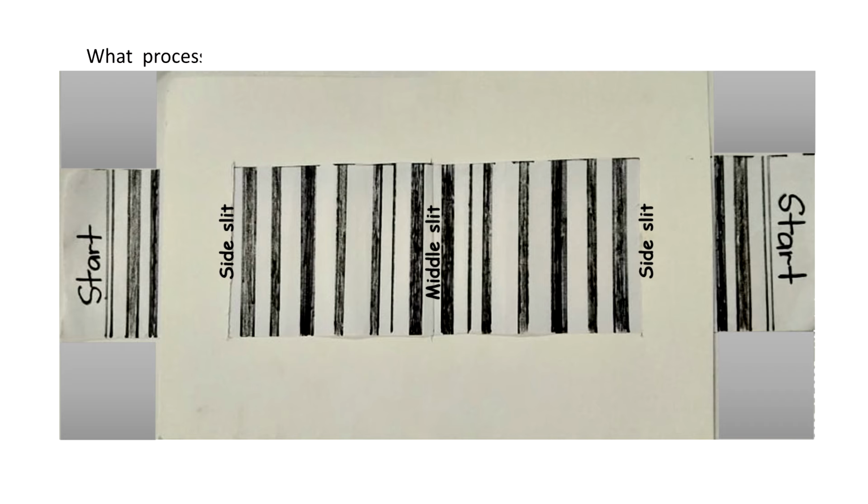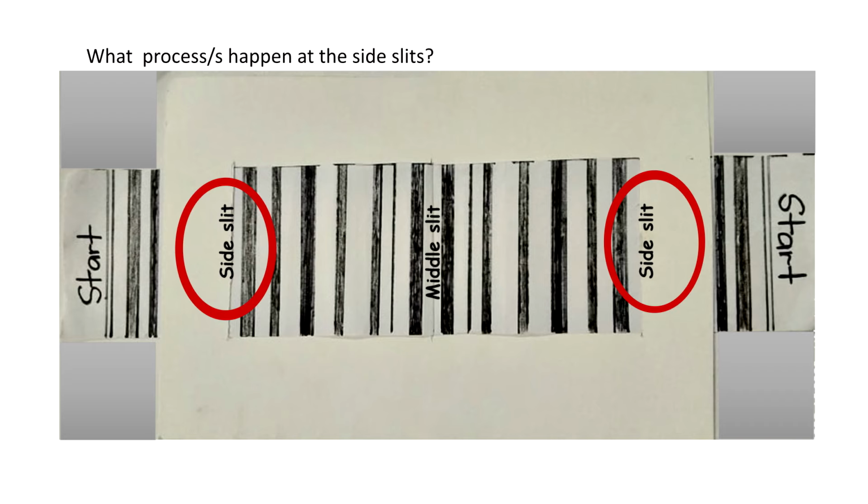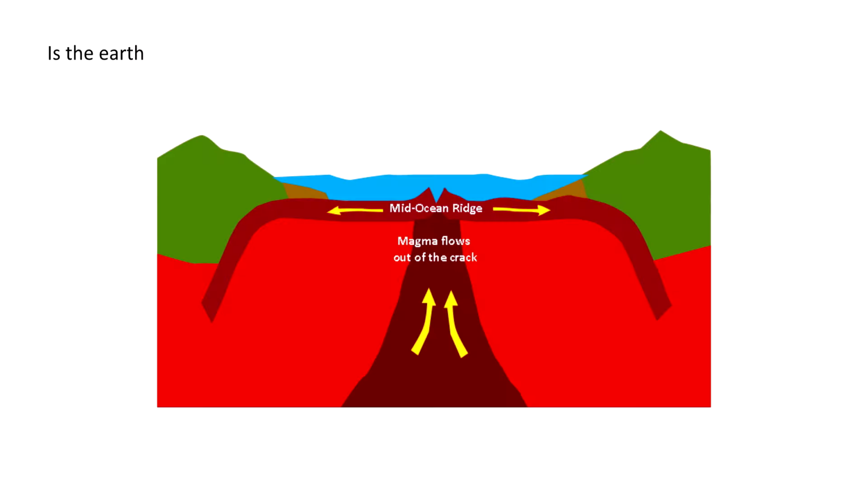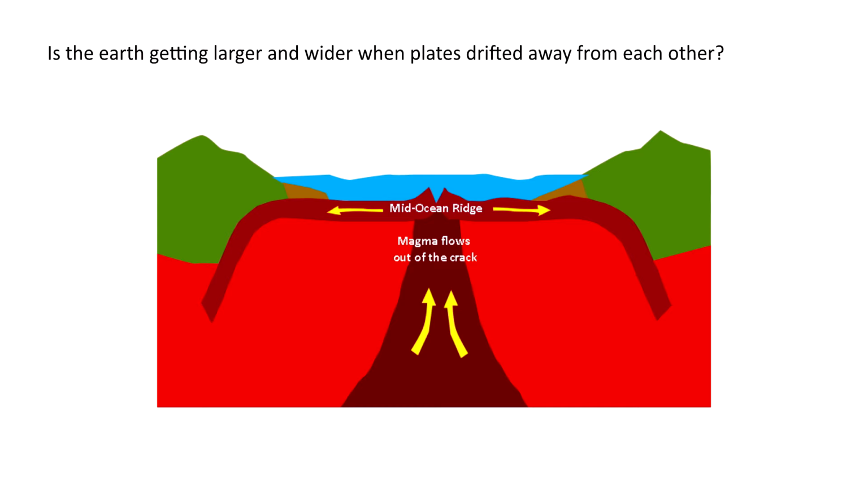What process or processes happen at the side slits? The side slits serve as a subduction zone where the old seafloor plunges beneath another tectonic plate. Is the Earth getting larger and wider when plates drifted away from each other?